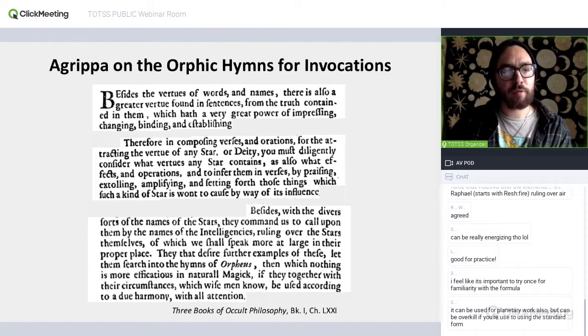So he says, therefore, in composing verses and orations for the attracting the virtues of any star, and of course by star he also includes what we call planets, or deity, you must diligently consider what virtues any star contains, as also what effects and operations, and to infer them in verses by praising, extolling, amplifying, and setting forth those things which such a kind of star is wont to cause by way of its influence.